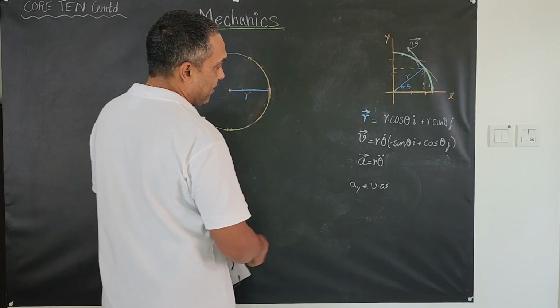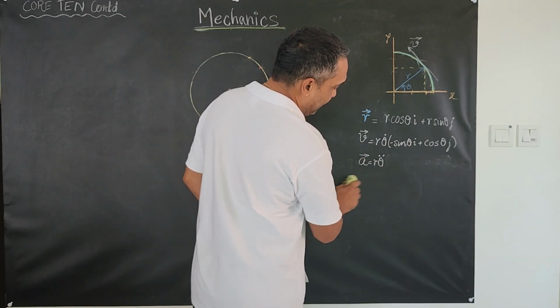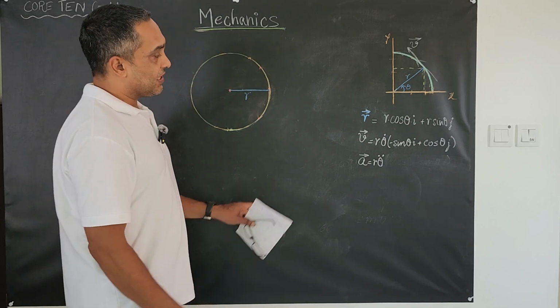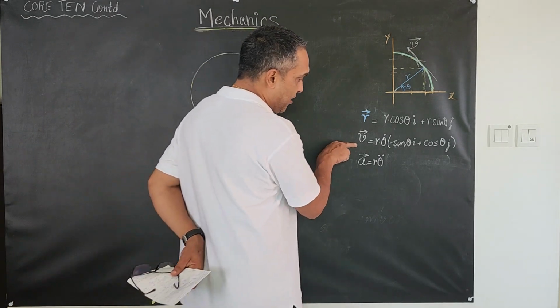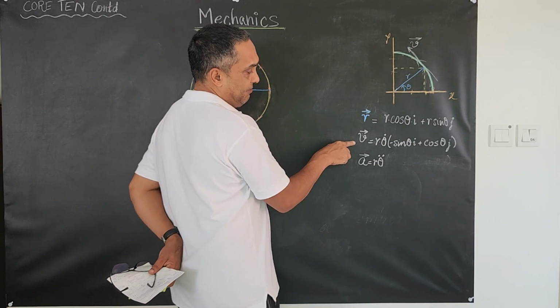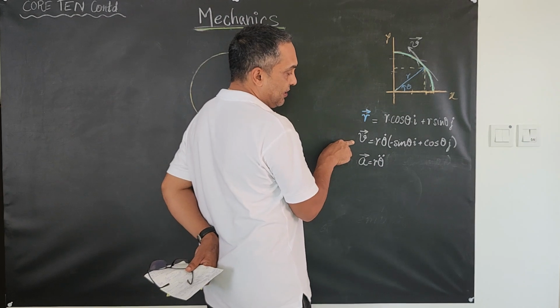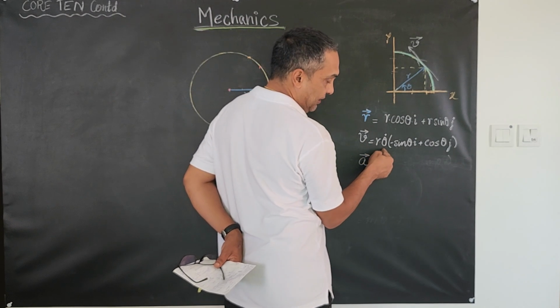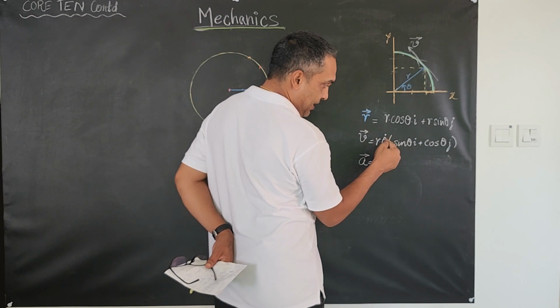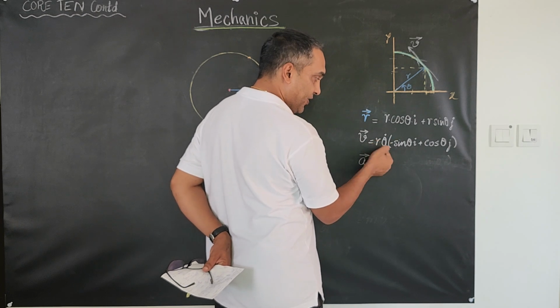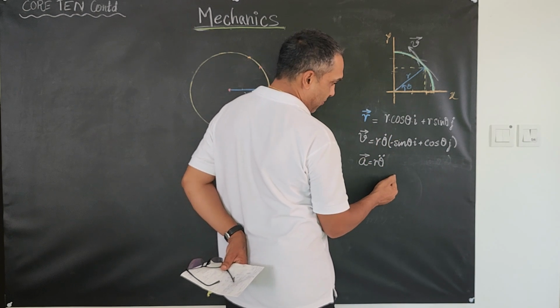So you can now see that there's a second derivative because velocity is not constant. If velocity here was constant, I wouldn't even bother differentiating it, because if angular speed is constant, the differential would just be zero.